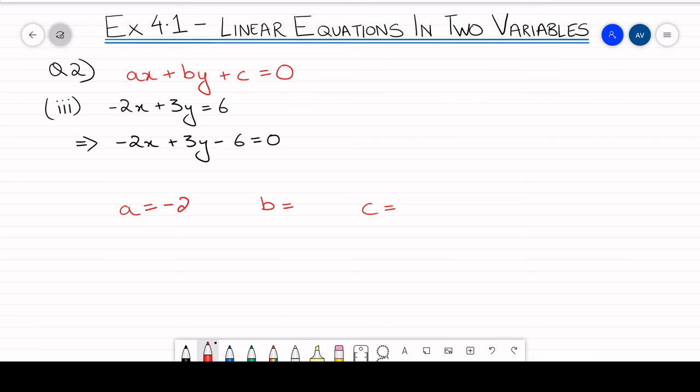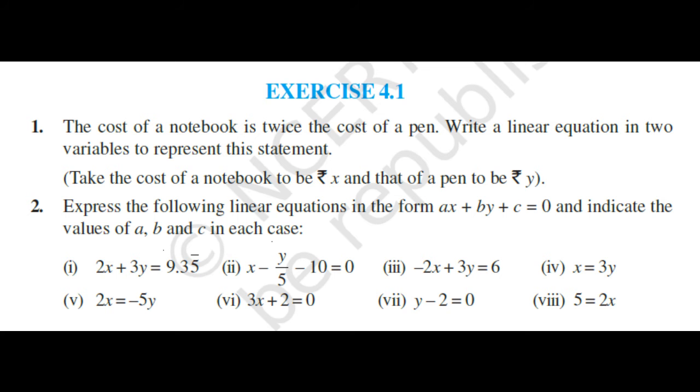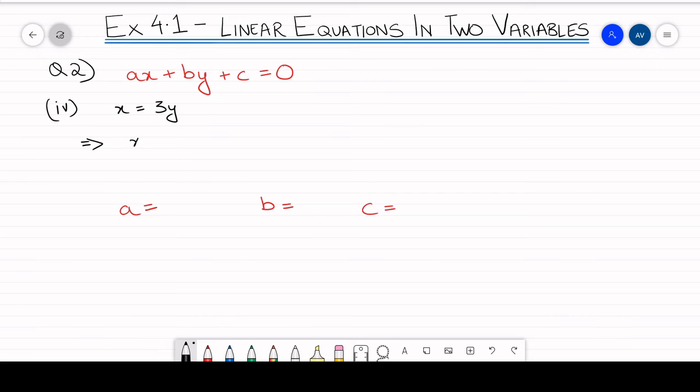A over here becomes minus 2, B is equal to 3, and C is equal to minus 6. We come to the fourth part. The fourth part is x is equal to 3y. Again, when I shift all the terms to the left side, this becomes x minus 3y is equal to 0, and we can get the values of a, b, c as well.